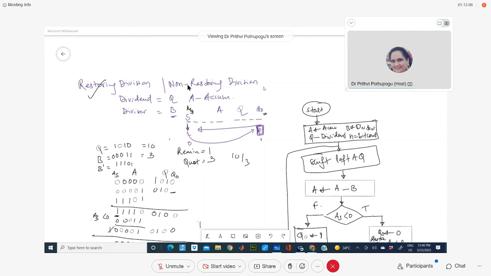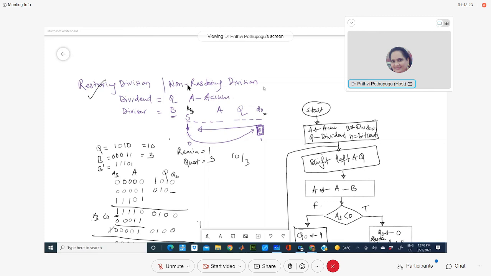Then modified Booth's algorithm with an example evaluated. Then restoring and non-restoring division: these are 2 different questions.